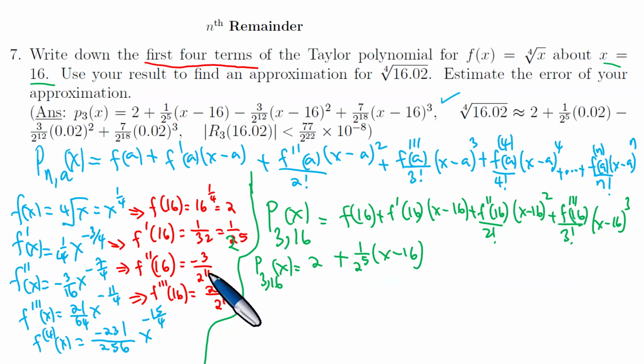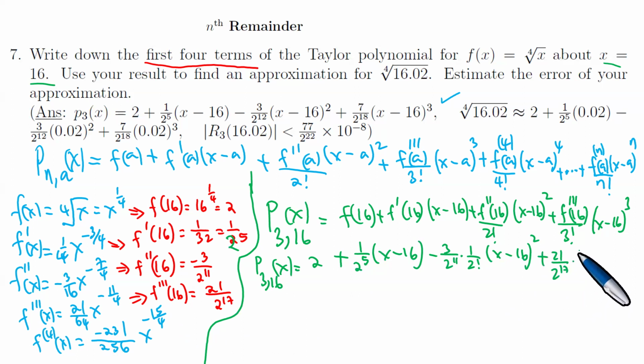Double primed is minus 3 over 2 to the power 11, but there is also this 2 factorial. x minus 16 squared. The triple derivative is 21 out of that, 21 out of 2 to the 17, 3 factorial.